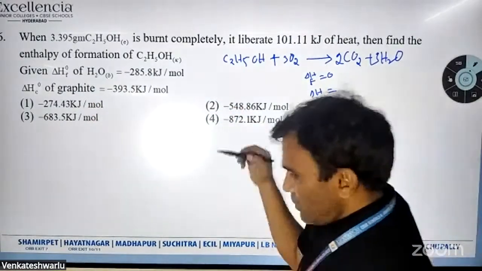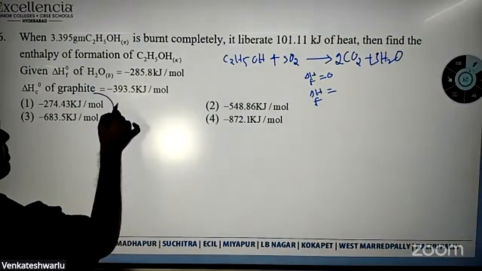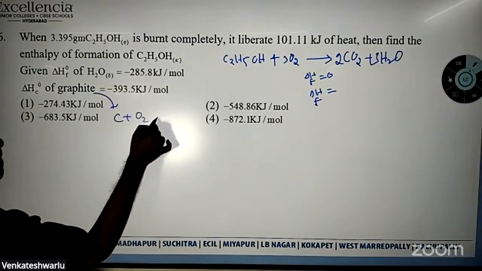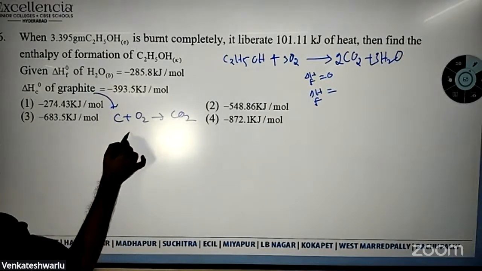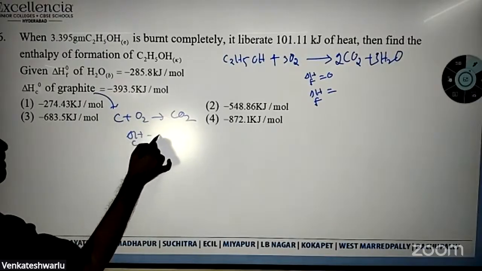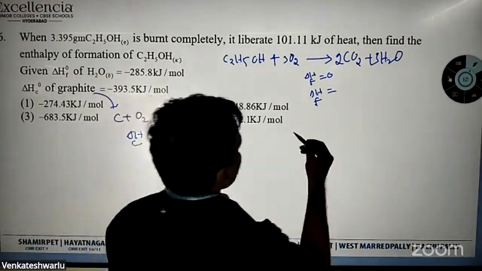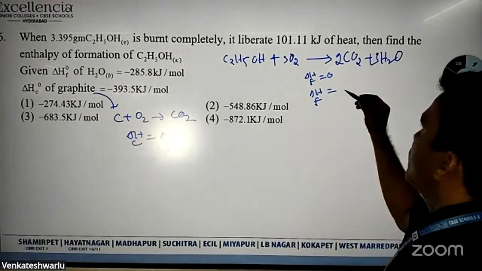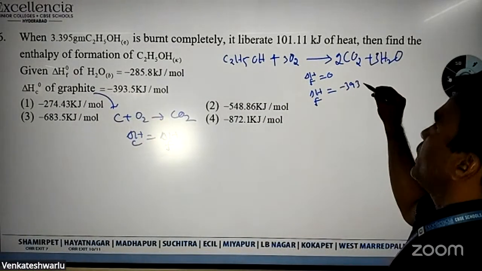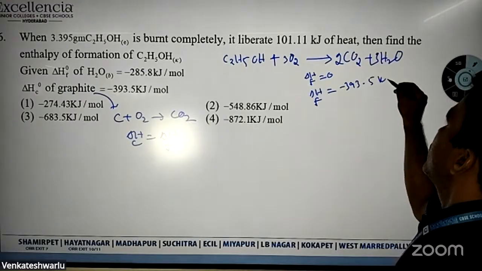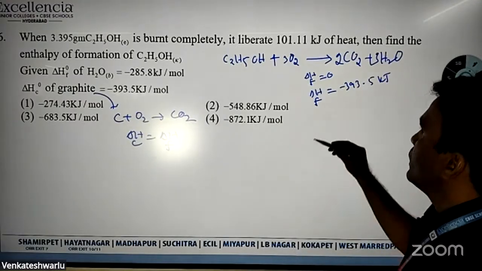Graphite combustion reaction is given, that means C plus O2 gives rise to CO2. Means here the heat of combustion of C is nothing but the heat of formation of CO2. So heat of formation of CO2 is minus 393.5 kilojoules per mole.